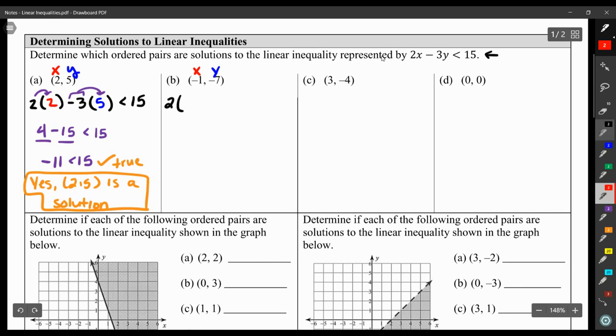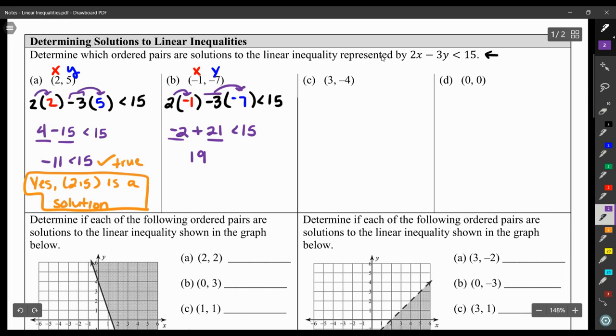2 times x, which is negative 1, minus 3 times y, which is negative 7, less than 15. Again, we simplify. 2 times negative 1 makes negative 2. Negative 3 times negative 7 makes a positive 21. Negative 2 plus 21 makes 19.